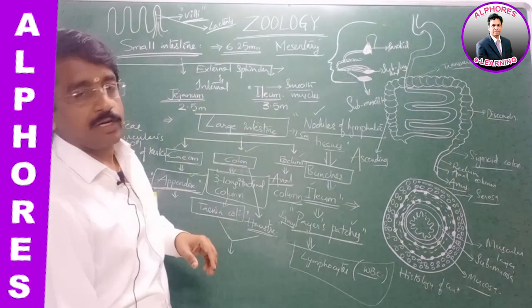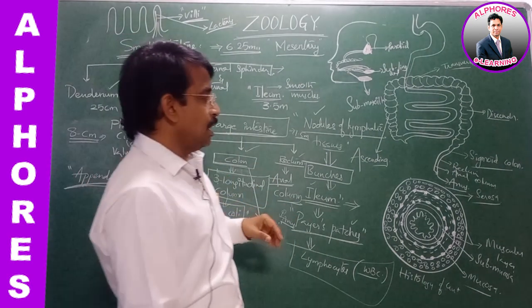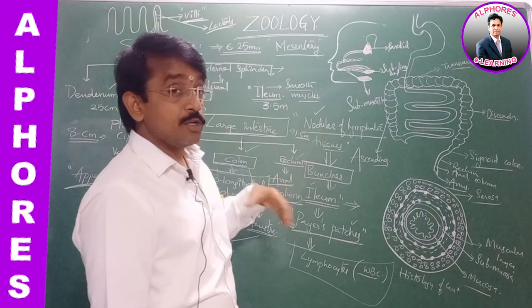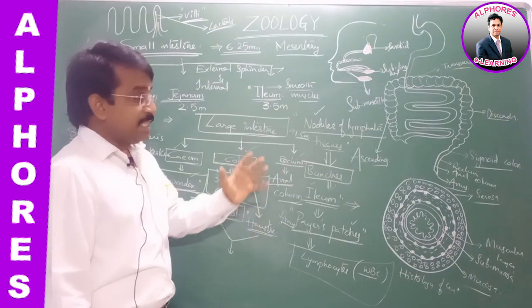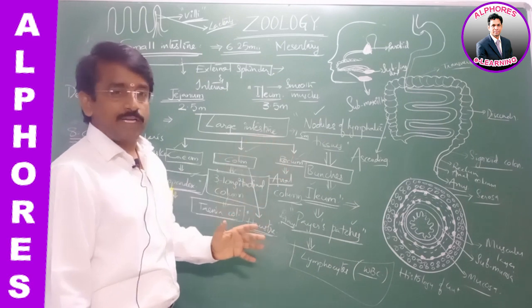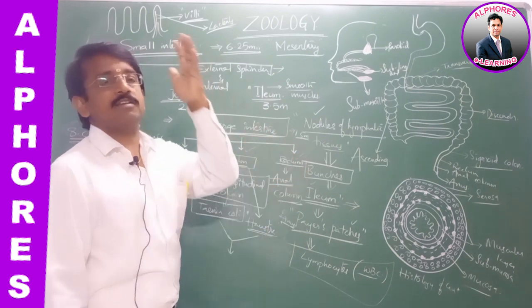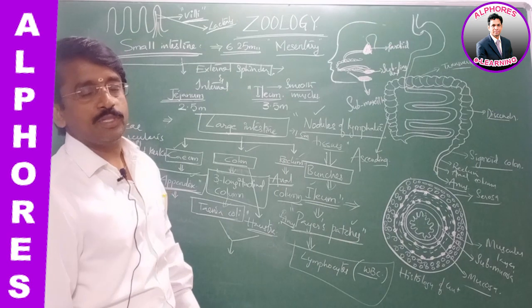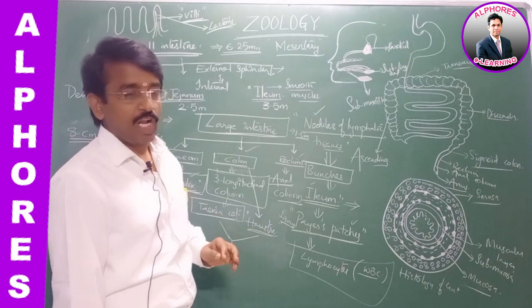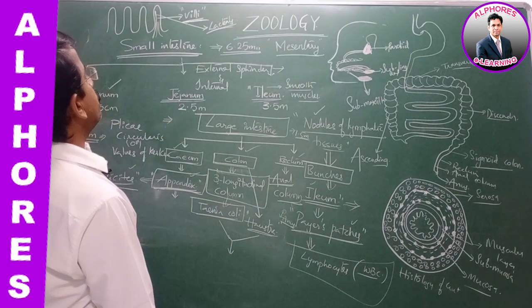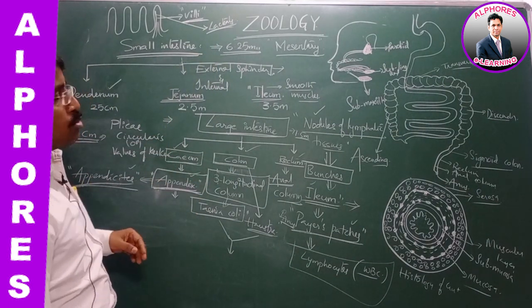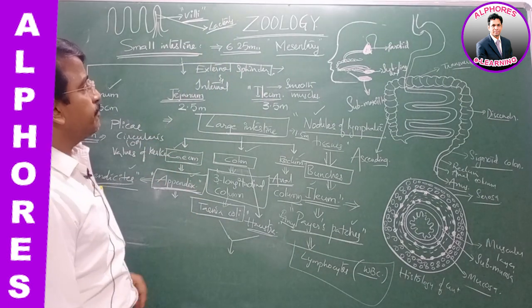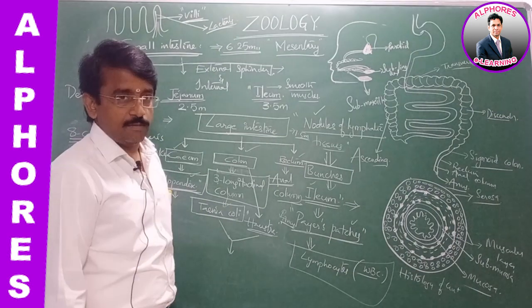The anus is an opening to the outside and eliminates the undigested food to the outside, which is named egestion. This anus is surrounded by sphincters.